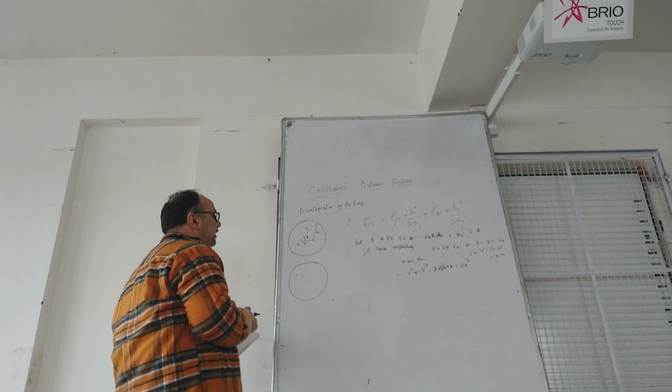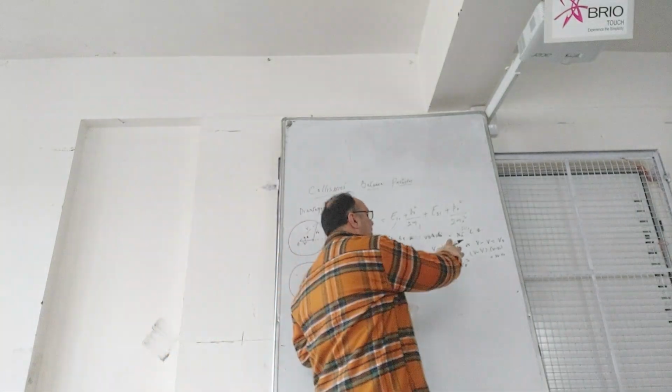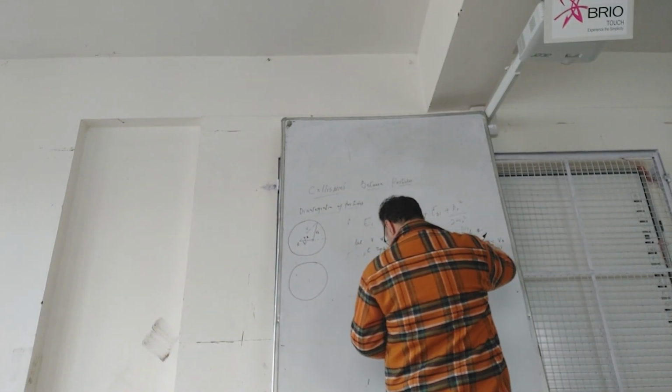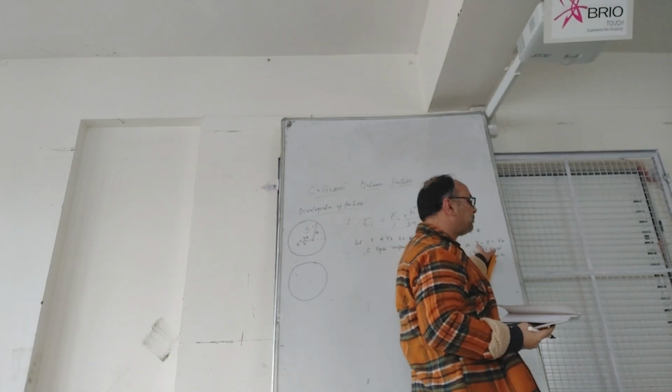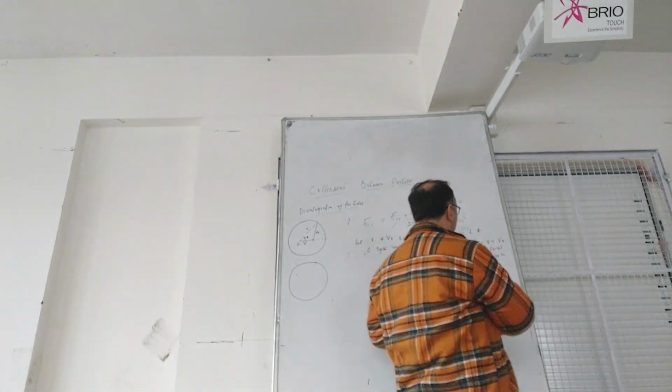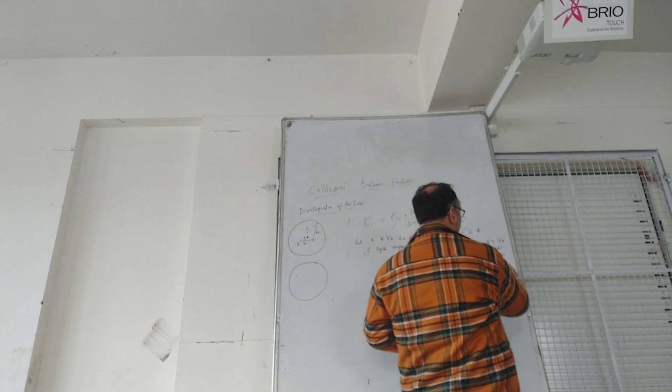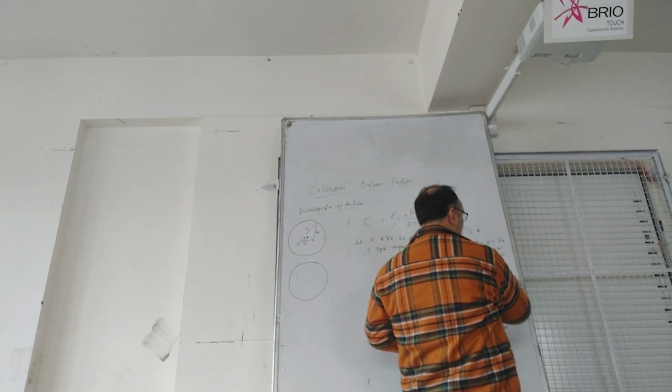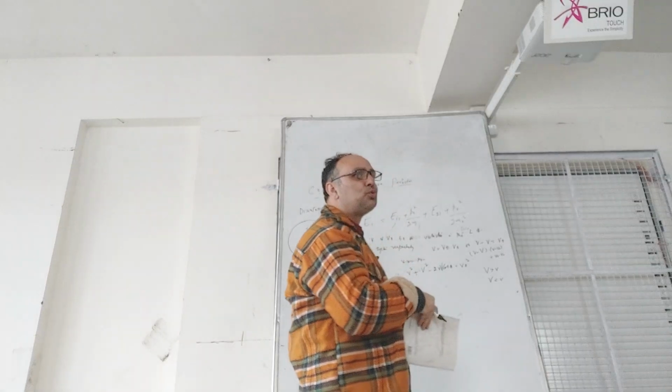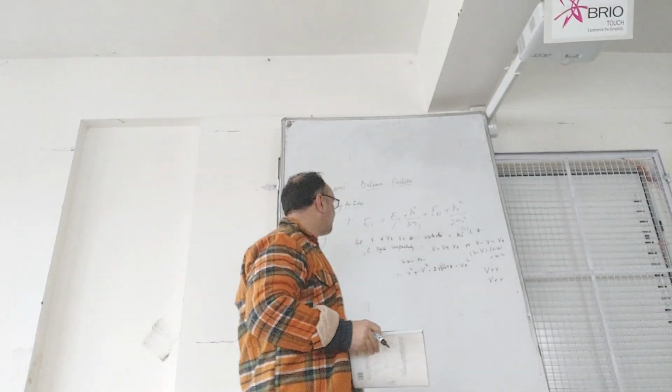Now these will correspond to two orientations: either v can be greater than v naught, or v can be less than v naught.